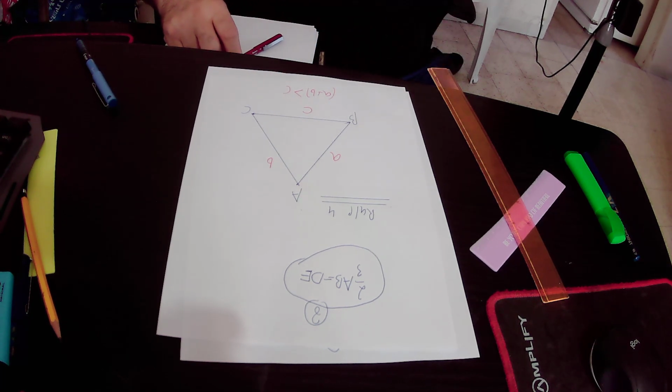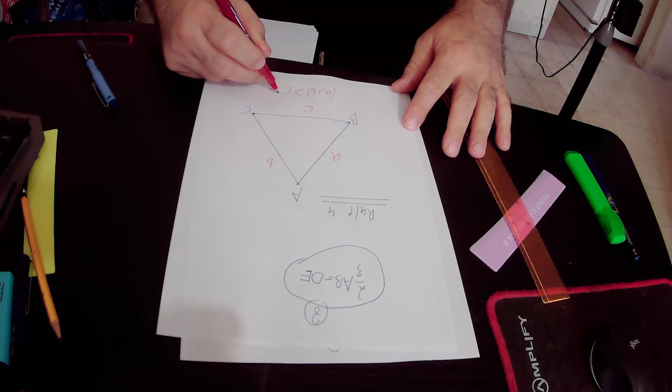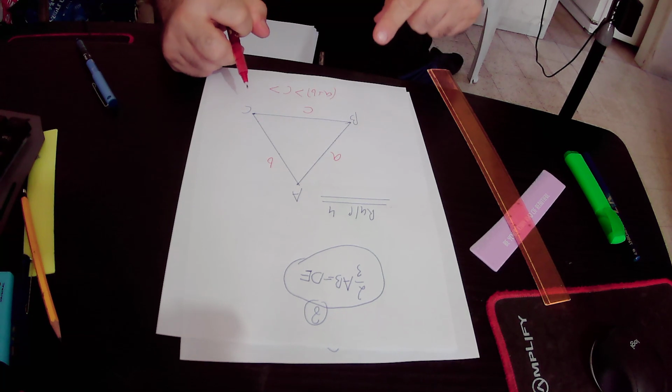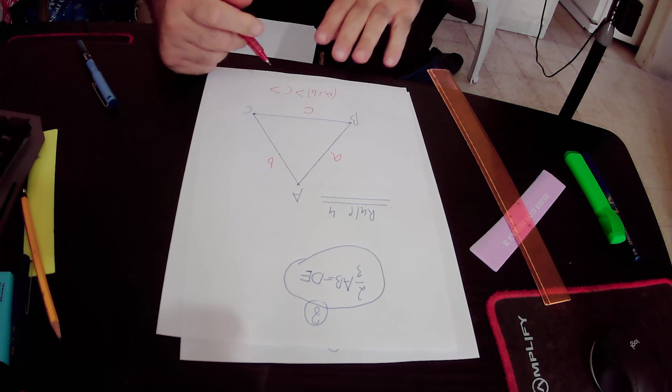And rule number 4 also states that the difference between the lengths of two sides of the triangle will always be smaller than the length of the third side.